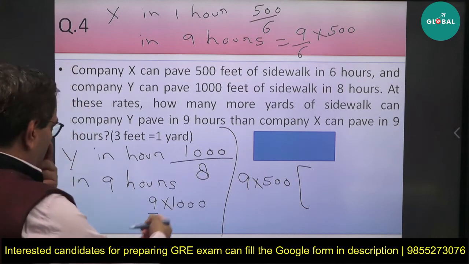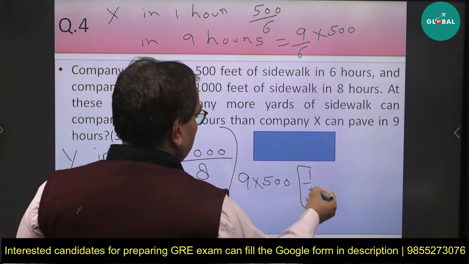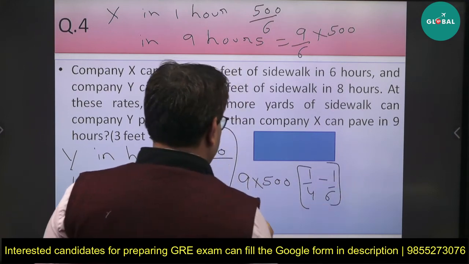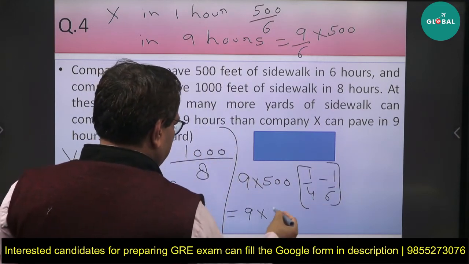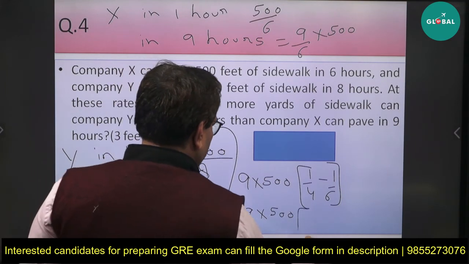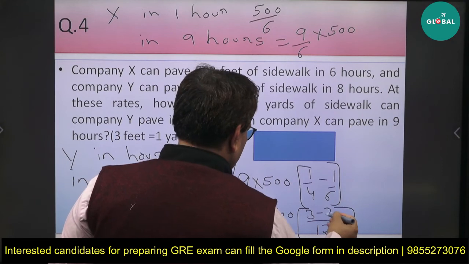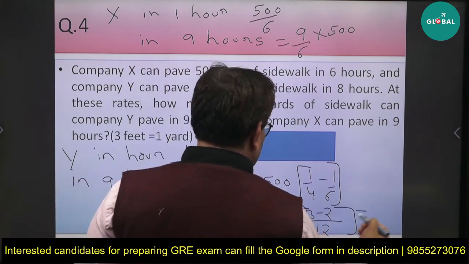Then we have 2 upon 8, that is 1 upon 4, minus 1 upon 6. Okay. So it is 9 into 500 into, LCM is 12, so 3 minus 2. So 1 upon 12. Okay.